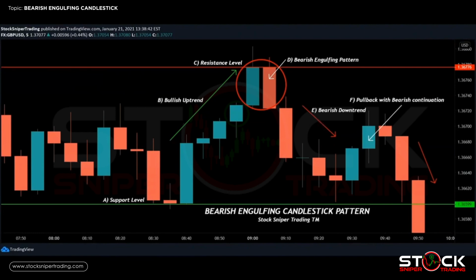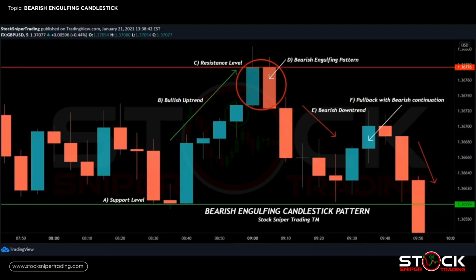D, we have our bearish engulfing candlestick pattern, which opens at the close of the bullish candlestick at a level of resistance and completely engulfs it. And E, we have our bearish downtrend where we have bearish candles making lower lows and lower highs, all started by the bearish engulfing pattern.